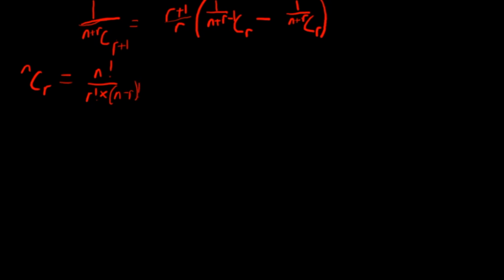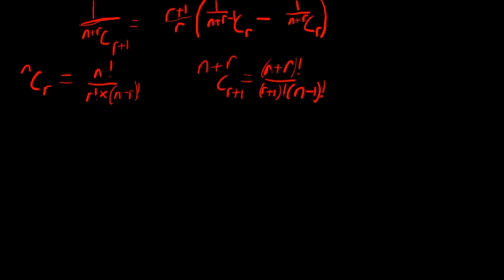So considering we have all these nCrs, the best thing to do first would be to write out the different nCrs. So for example, we have (n plus r) C (r plus 1), and this would be equivalent to (n plus r) factorial divided by (r plus 1) factorial times (n minus 1) factorial.